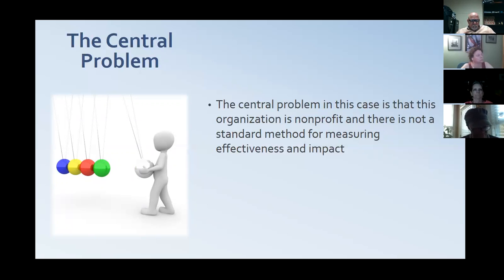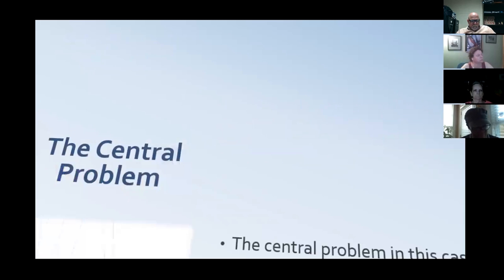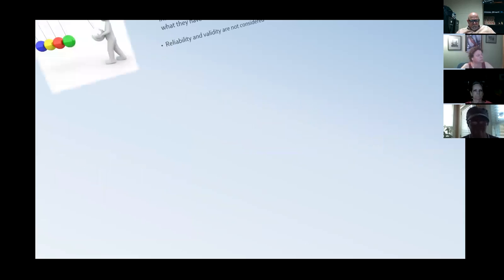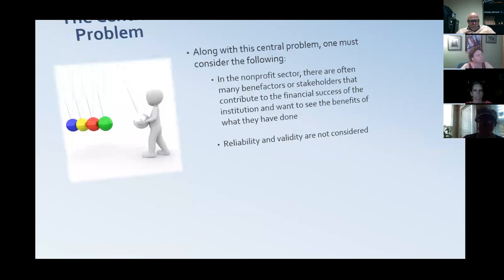So collaboratively, we feel that the central problem in this case is that this organization is nonprofit and there is not a standard method for measuring effectiveness and impact. So I'm going to discuss further why that is our central problem. Along with this central problem, one must consider the following.